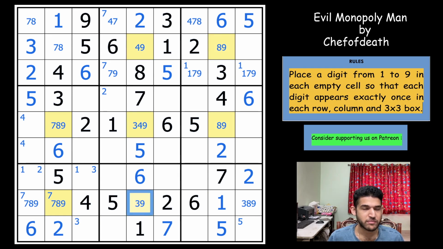So we must have 3 9s for the 3 rows, or if you look at column wise, 3 9s for the 3 columns, which means that if I have a 9 in here, let's say, for example, row 2 column 8, the remaining 2 9s must be distributed in these 2 columns in some order.